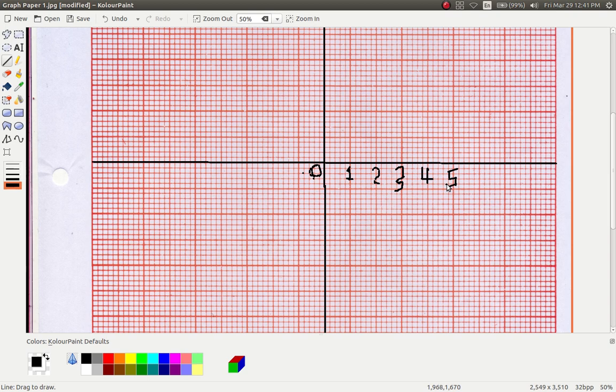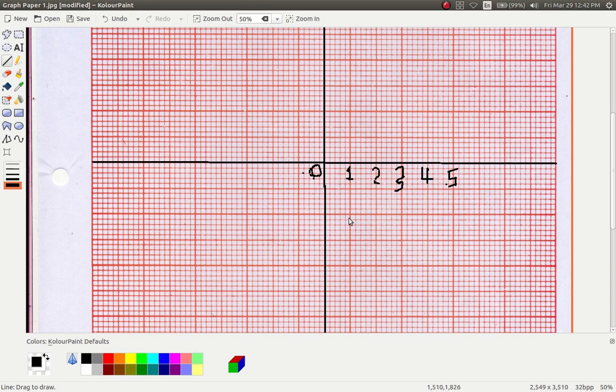Now, looking at this, you notice that there are thin lines and thick lines. These red lines are the thick lines, and you have 1, 2, 3, 4. There are 4 thinner lines between each thick line.